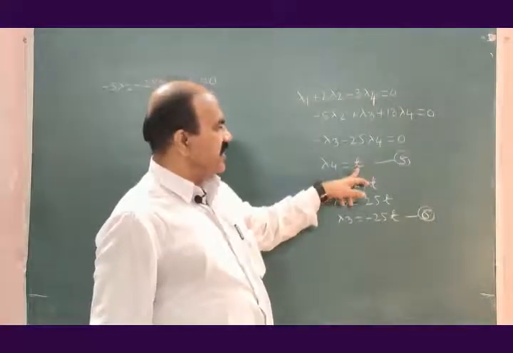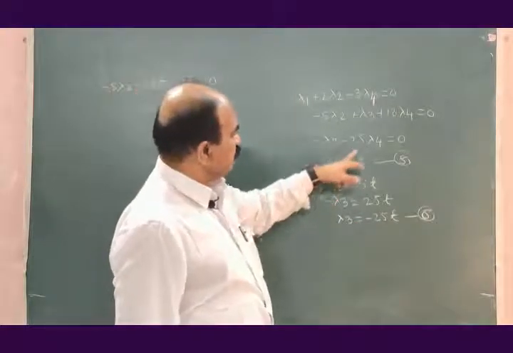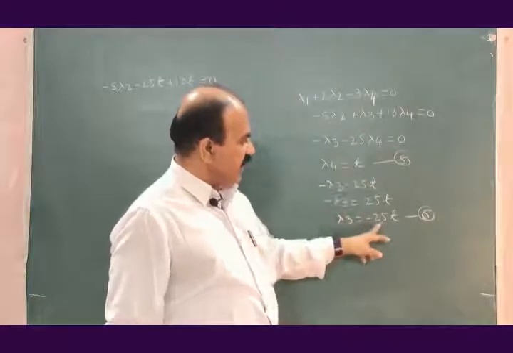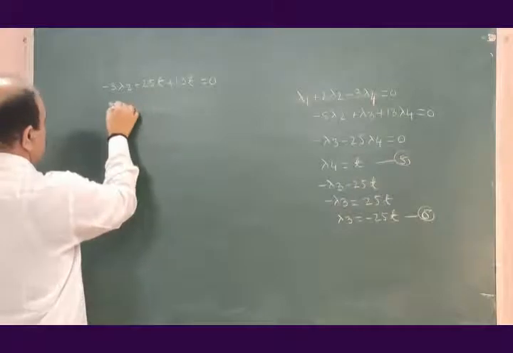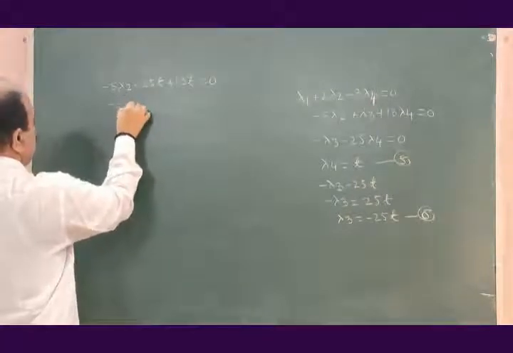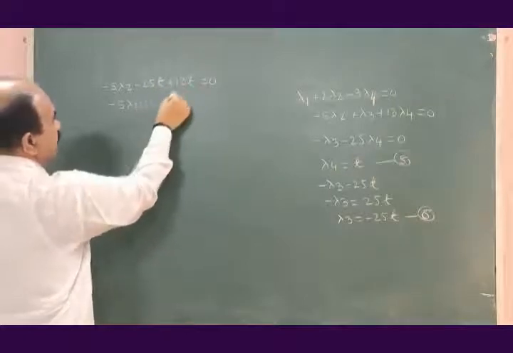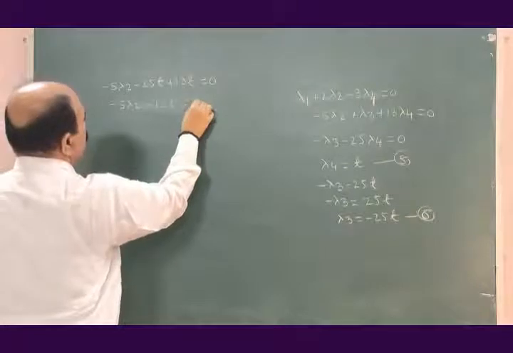Lambda 4 is considered as t, lambda 3 is minus 25t. So for this lambda 4 we shall put t, for this lambda 3 we shall put minus 25t. And so what will be this? Minus 5 lambda 2 minus 25t plus 13t, that will be minus 12t is equal to 0.